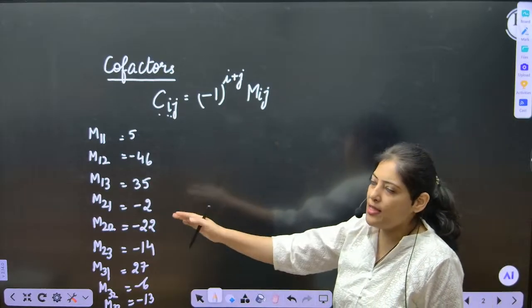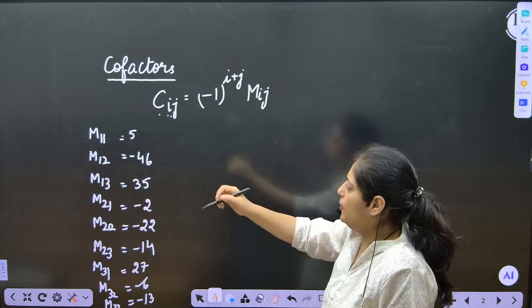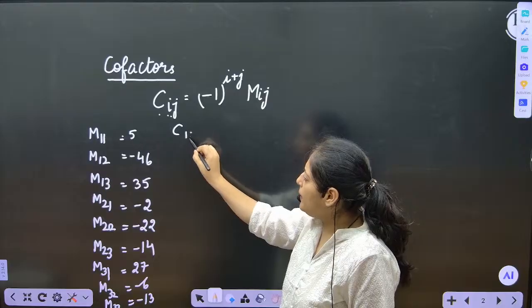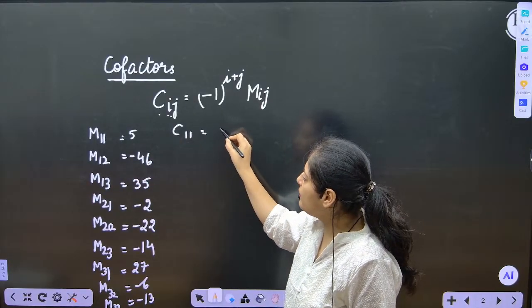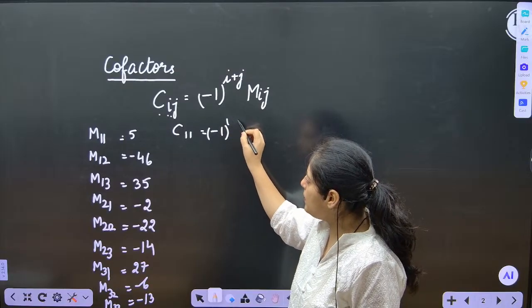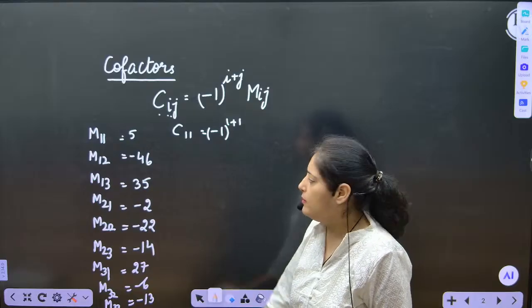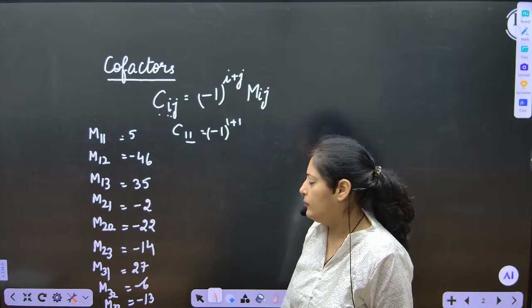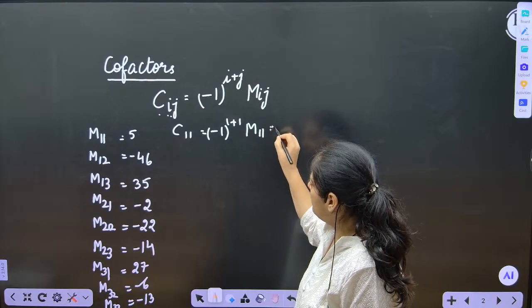Now when minors are already there with us, it's very easy to apply the formula. Now what I am doing? Minor 1 1, cofactor 1 1. Cofactor 1 1 means what? Minus 1 raised to power, these two numbers will be added, 1 and 1, and m of 1 1.